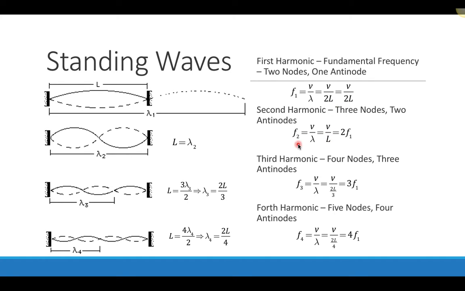If I compare the second harmonic to the first, the second harmonic is the speed over the length, the first one is the speed over twice the length. So the frequency I would have to use is 2 times whatever the frequency of the first one was.